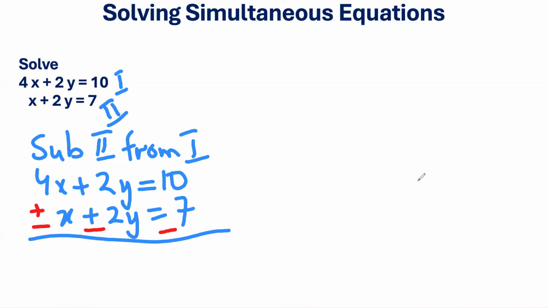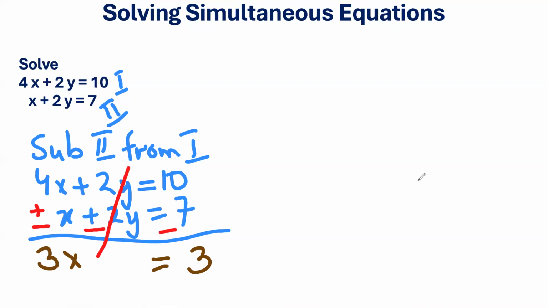Now, plus 2y and minus 2y can be cancelled. Right? Now, what is remaining? 10 minus 7 is 3, and 4x minus 1x is 3x.